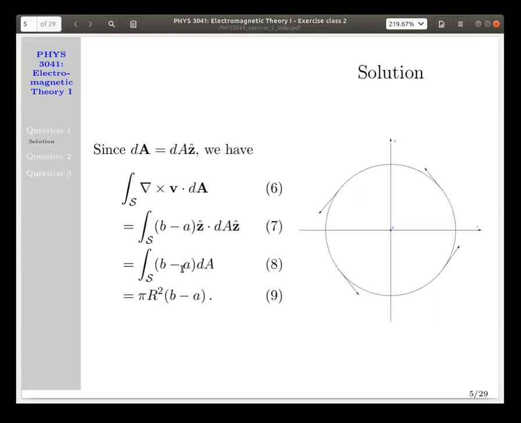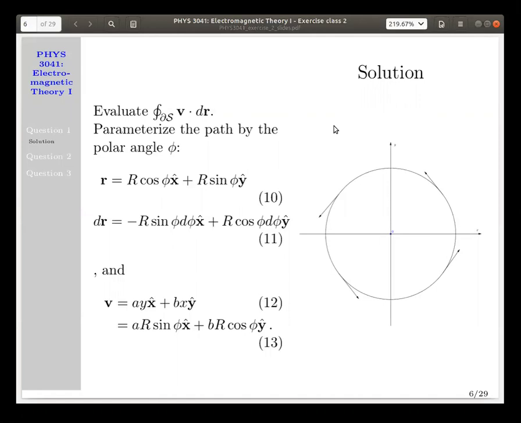Because the integrand b minus a is a constant, the integral is simply b minus a multiplied by the area of the region enclosed by the circular path, which is pi r squared. So we have pi r squared (b minus a).